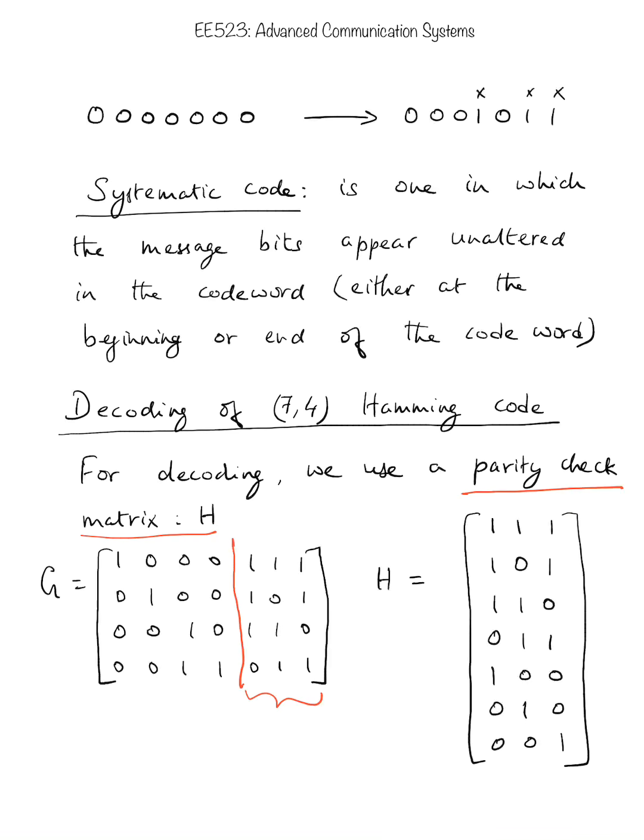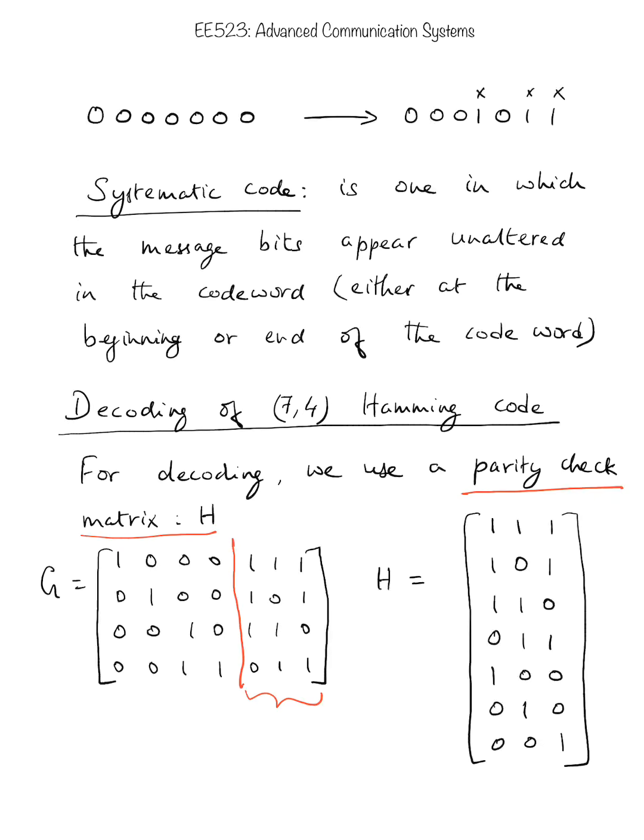Then what we do is, just as in the encoding process, we multiplied the message with the generator matrix, right? We multiplied the message with the generator matrix in the encoding process. In the decoding, we will multiply the code word with the parity check matrix.